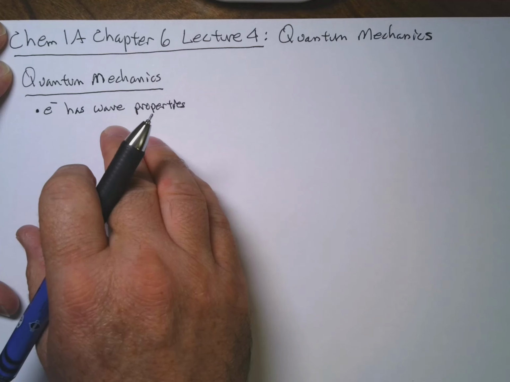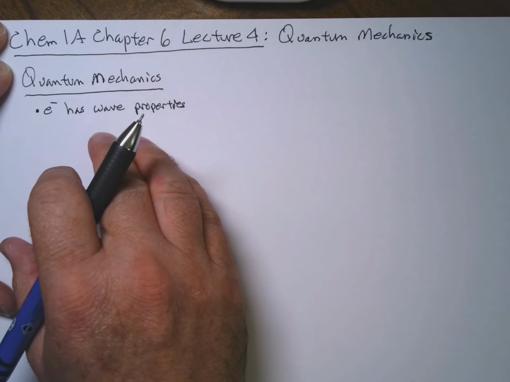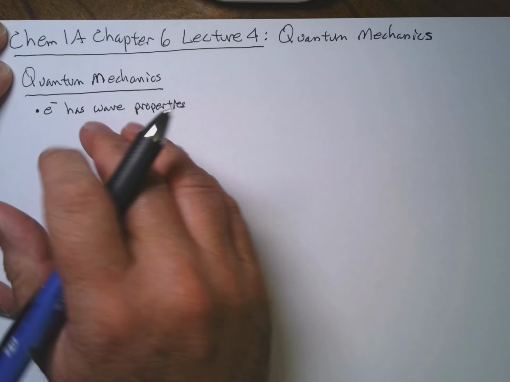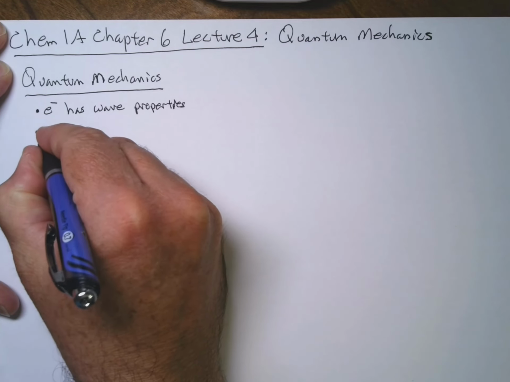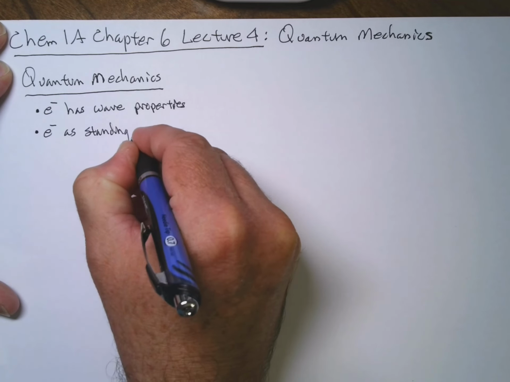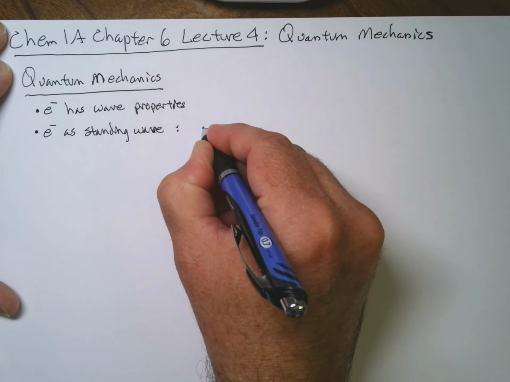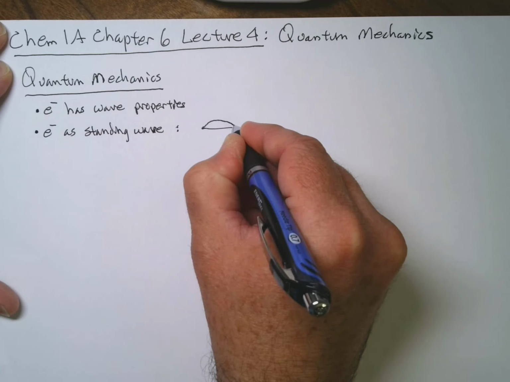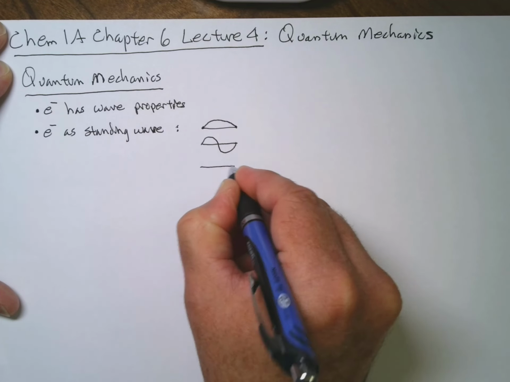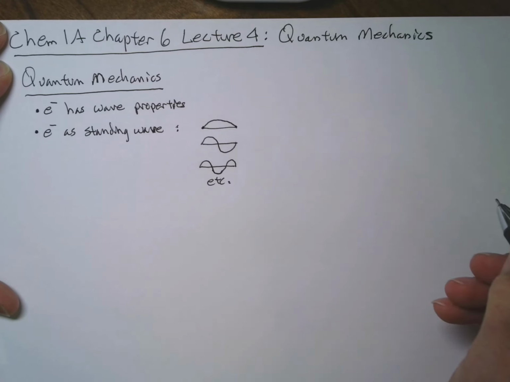So we can think of an electron in the atom as being a sort of standing wave, if you will. What's a standing wave? Well, something like a guitar string would be a standing wave. So, as an example, we could have a half a wavelength there, a wavelength like that, and so on.